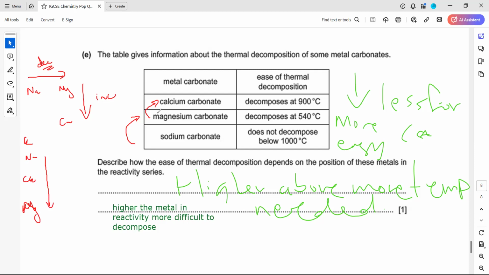Highly reactive metals have more stable carbonates. Less reactive metals have less stable carbonates. So you can mention that more reactive metals, their carbonates are stable or difficult to decompose.